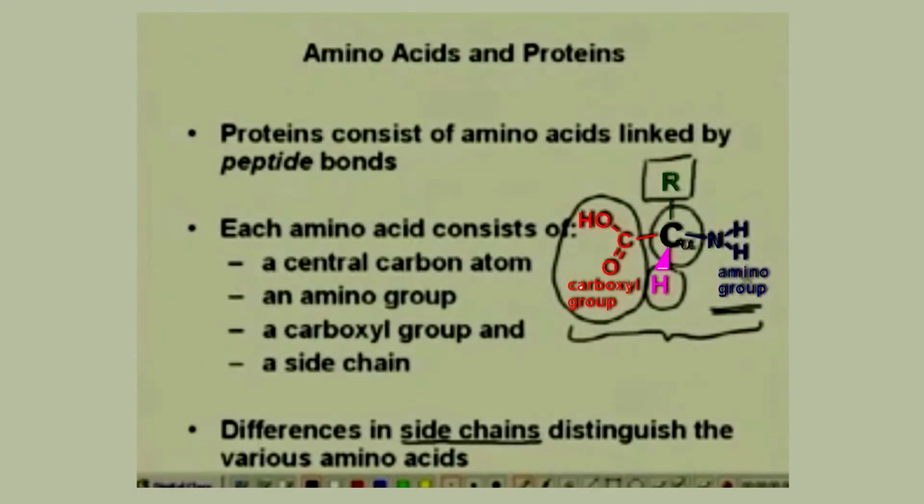And since all amino acids have a common set of groups here in the amino group, the hydrogen atom and the carboxyl group, what differs is this side chain, which can be different atoms, different groups of atoms, and this is what actually distinguishes the various amino acids. We are now going to consider what types of R groups we can actually have.